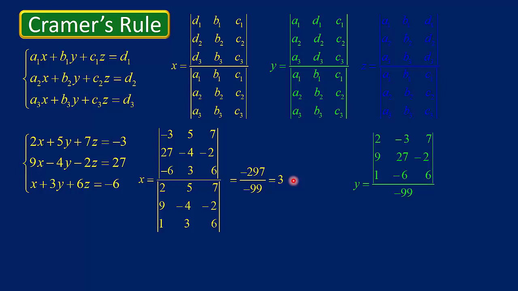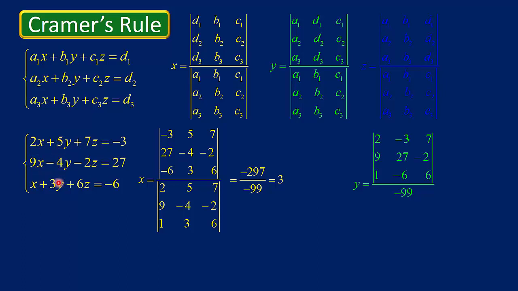Now, I'm going to solve for y. Notice, I've already calculated this determinant on the bottom. It's the same for all of these. I found it to be negative 99, so I'm not going to do that every time. I've done it once, that's good enough. So I'll put negative 99 down here. But up top, the x's are still there, 291.